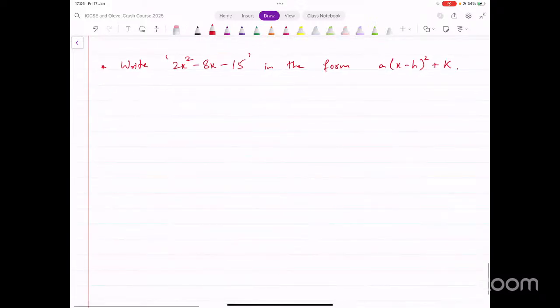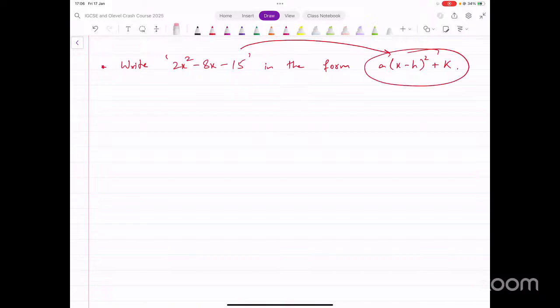So they want you to write down this function in this particular form. Now this is called completing the square, completing the square of a quadratic expression. Now, how does this work?